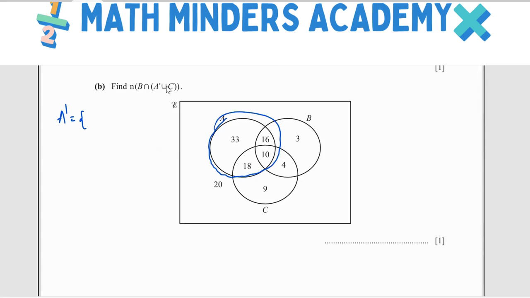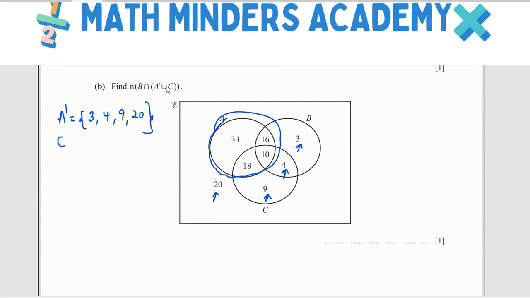All the numbers outside this circle. Okay? They are 20, this number, and this number, 4 of them. So you put 3, 4, 9, 20. That's A prime.